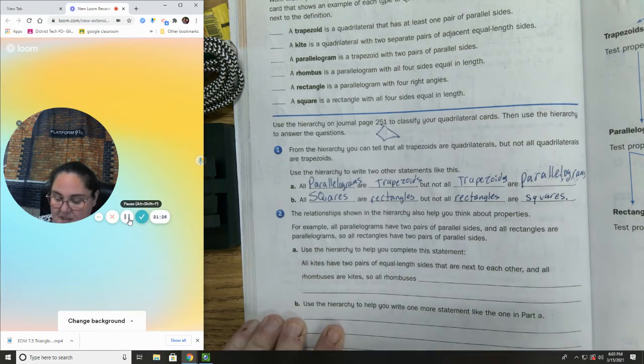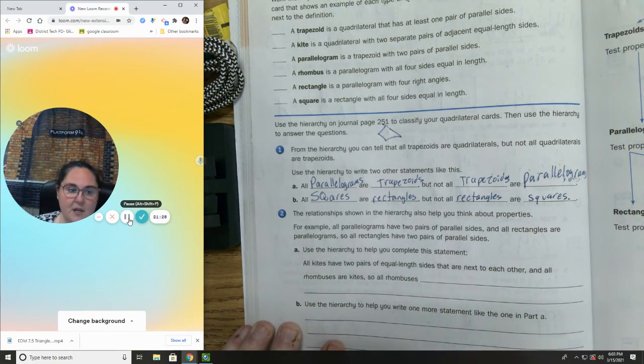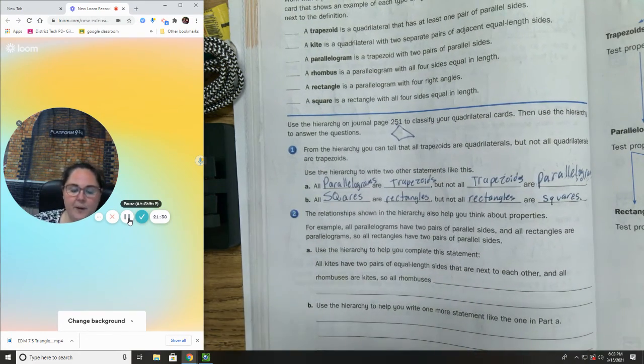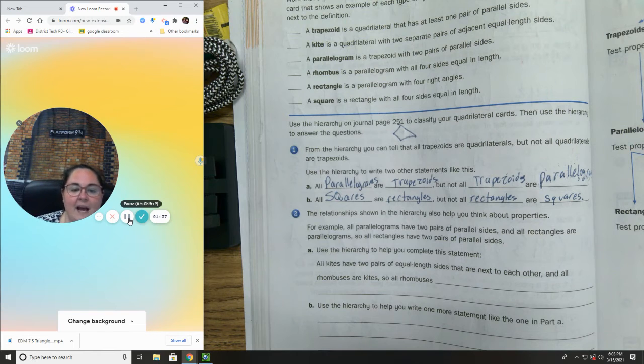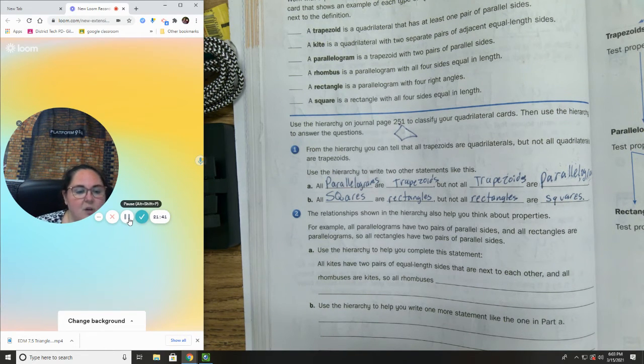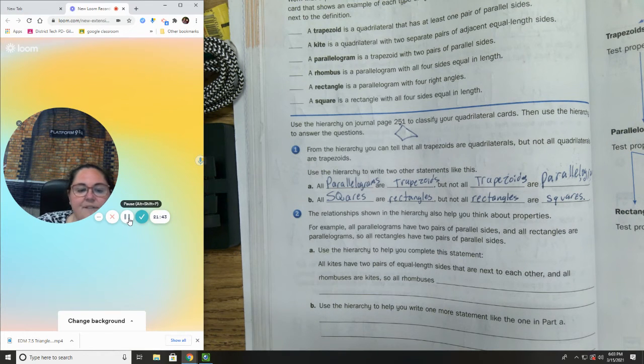The relationship shown in the hierarchy also helps you think about the properties. So for example, parallelograms have two pairs of parallel sides. All rectangles are parallelograms, so all rectangles have to have parallel sides. All kites have two pairs of equal side lengths that are next to each other.